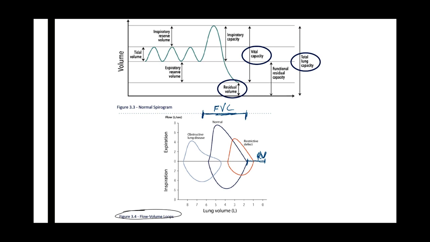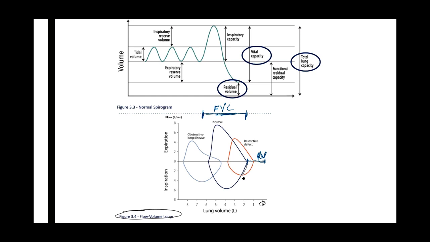So in a flow volume loop, the lung volume is on the x-axis, but the zero is over here. So that's to keep in mind. Inspiration is anything under this horizontal line here. Expiration is anything over. That makes sense if you look at this normal blue line, right?